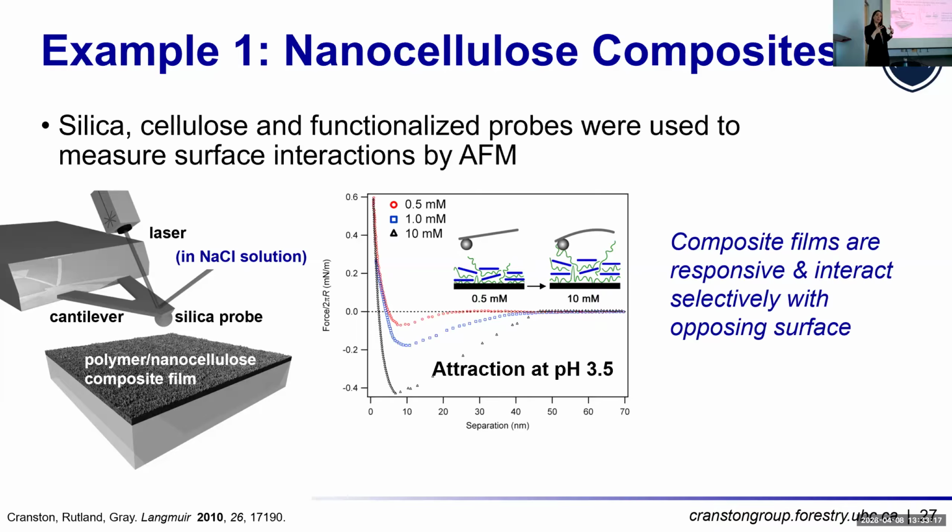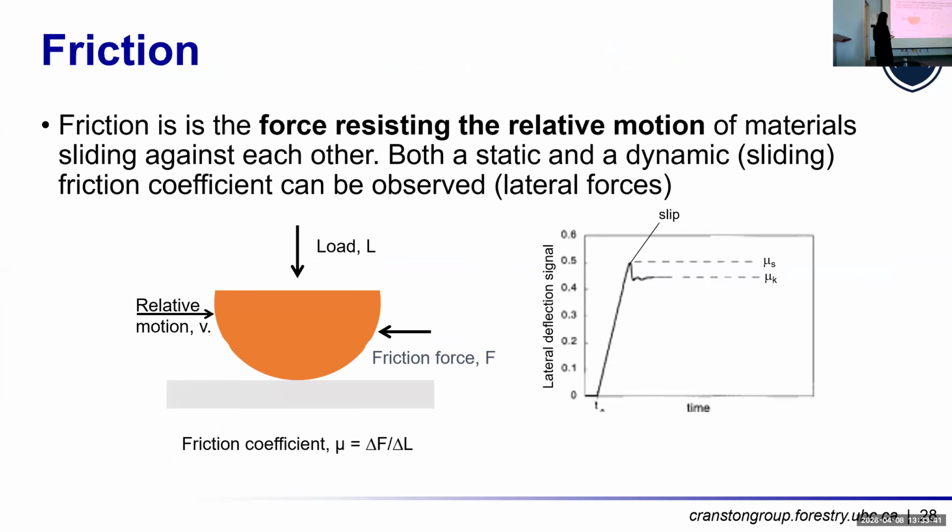So my composite swells, and the cationic polymer reaches out and interacts with the probe selectively. So what we can see is the effect of salt and the effect of pH on the interactions, and how that actually affects the DLVO theory as well. And so these are films that are responsive and interact selectively with an opposing surface, just as an example of measuring these pre-contact surface forces.